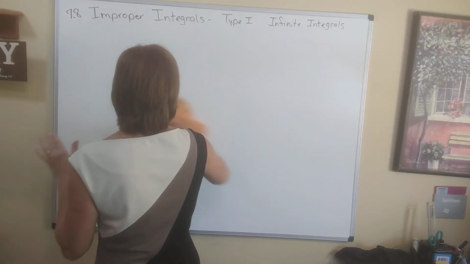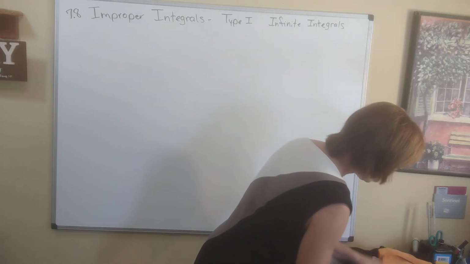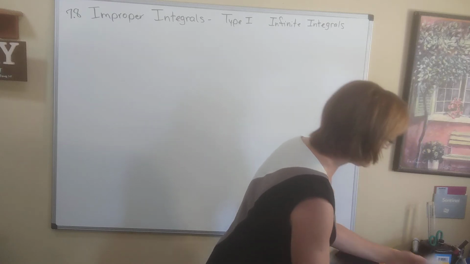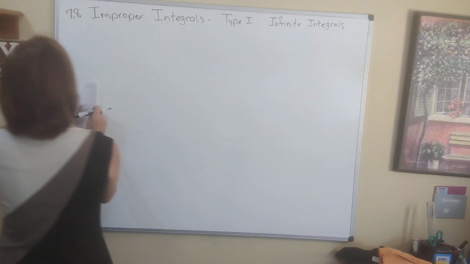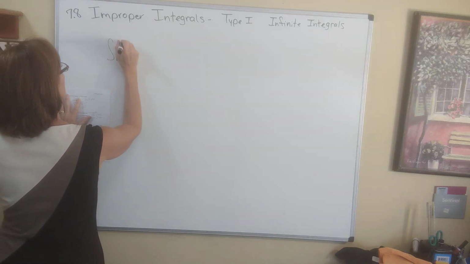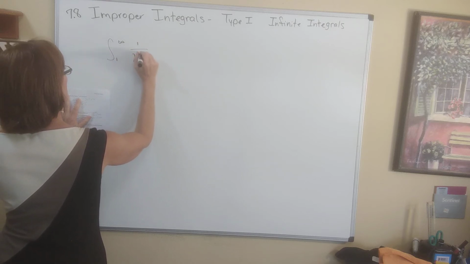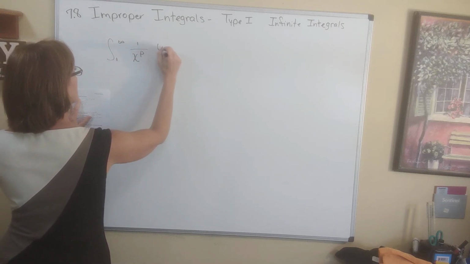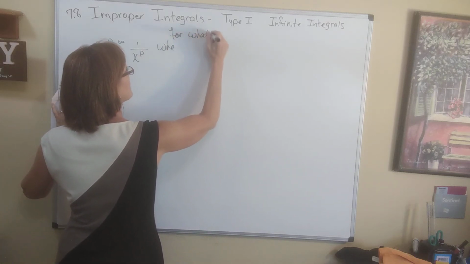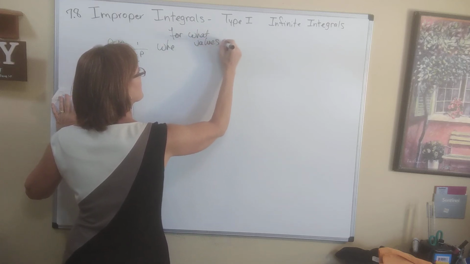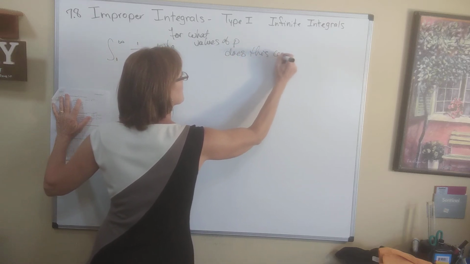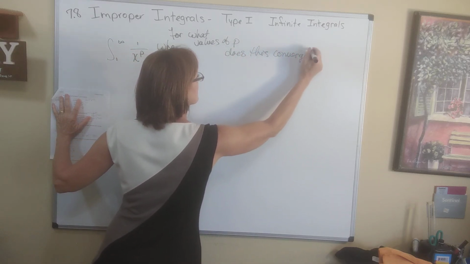All right, so what we're looking at is number 4. It says, for what values of p is the integral from 1 to infinity of 1 over x to the p dx convergent? For what values of p does this converge?